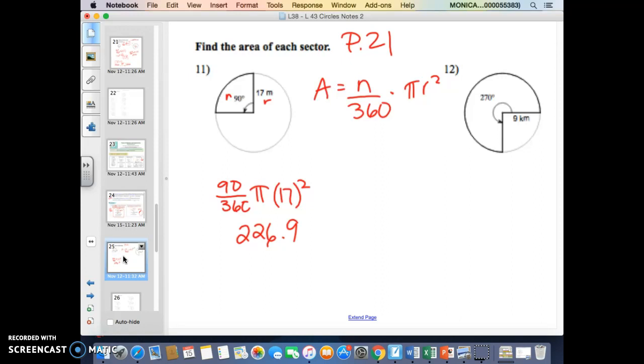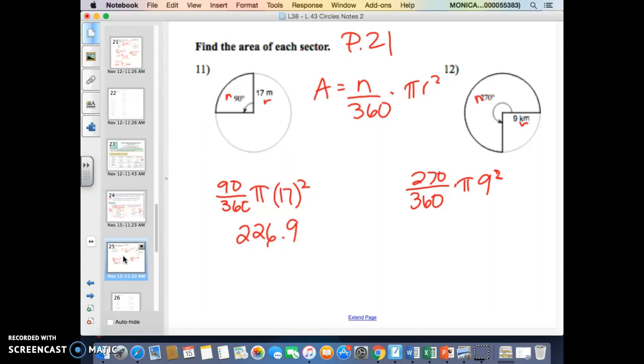All right, now we're looking at a 270 degree angle. So this would be n, and this is r. So this would be 270 divided by 360 times pi times r squared. In this case, I'm replacing r with 9.